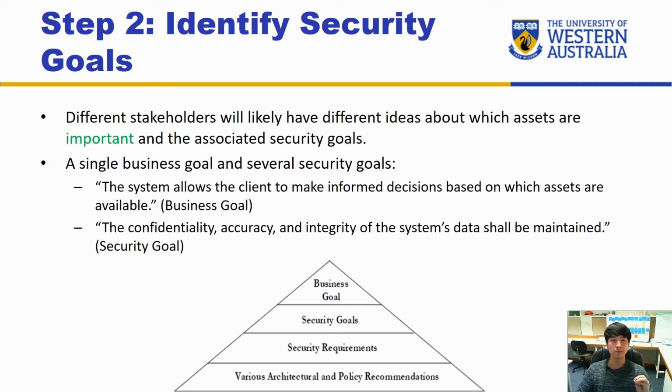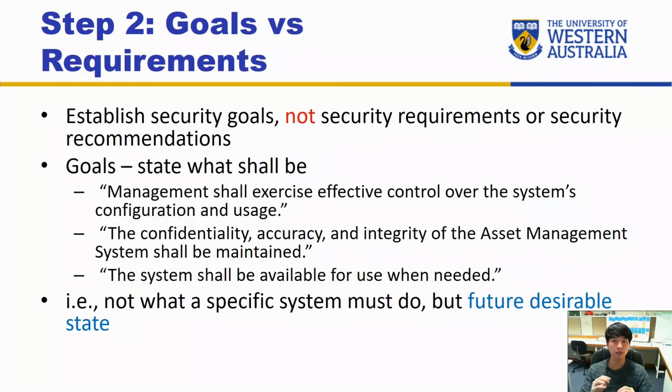Okay? So once we specified goals, then we can move on to specifying the requirements. So goal is different to requirements. What we want to do in step 2 is to establish security goals, not security requirements or security recommendations. What the goals do is they state what shall be. So you're describing the desirable state of your system.